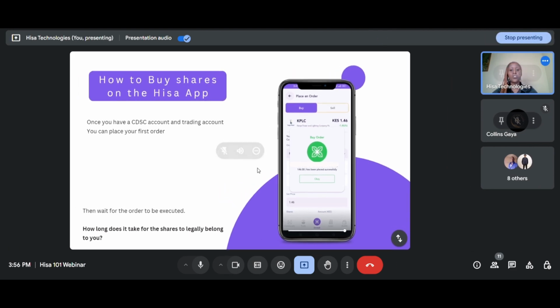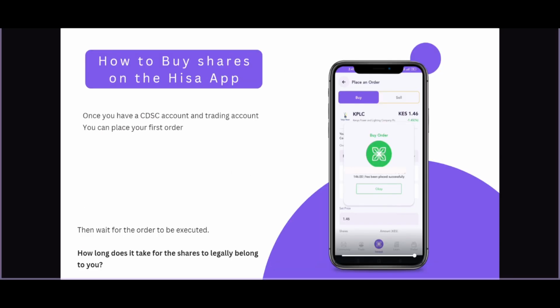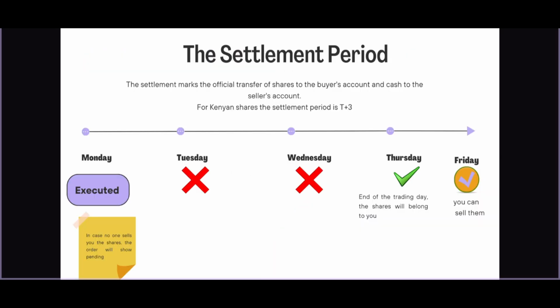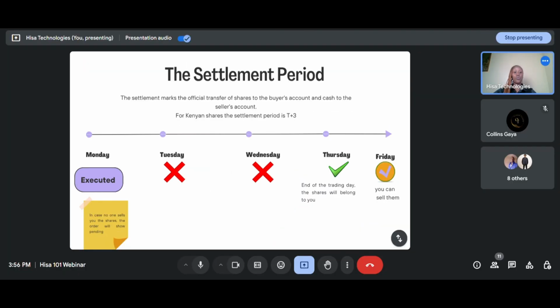Okay, so how long does it take for the shares to legally belong to you? As I've said, once you place an order, you have to wait for a willing seller, and once you get that willing seller, it will take some time before the shares legally belong to you. That is, before you can sell the shares ideally.